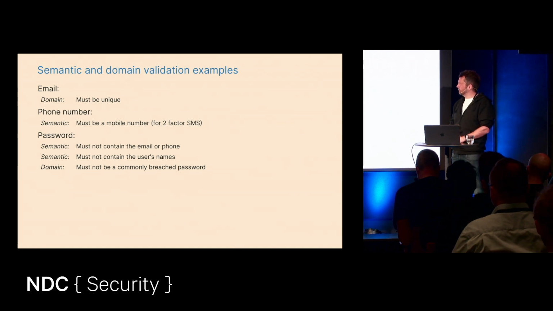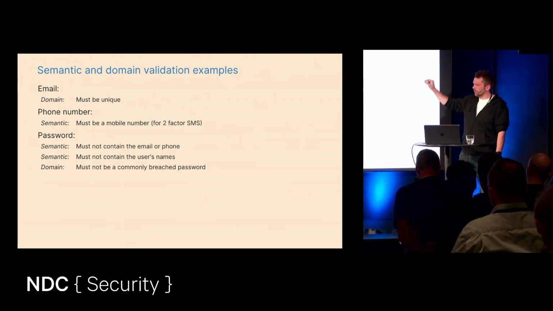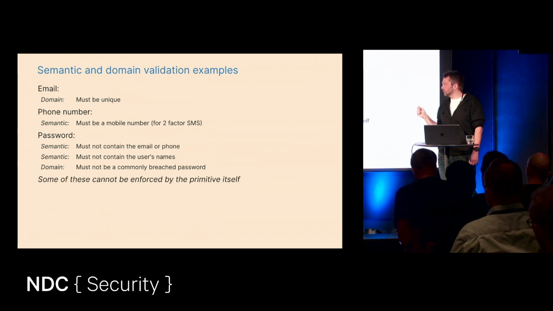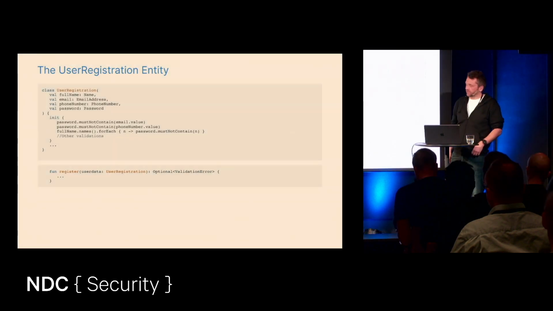But anyway, passwords. We can have rules that say it should not contain the email or the phone number of the user, and should not contain the names of the user. You can see where this is going. It's hard for the password object itself to know what the user's names, email and phone numbers are, so we can't necessarily enforce these in the primitive itself. But that's why we have entities.